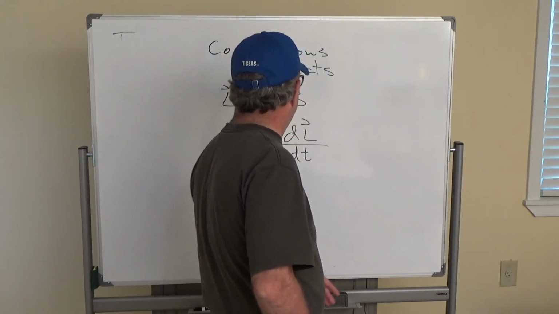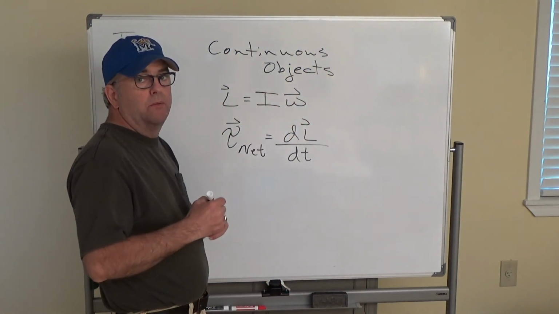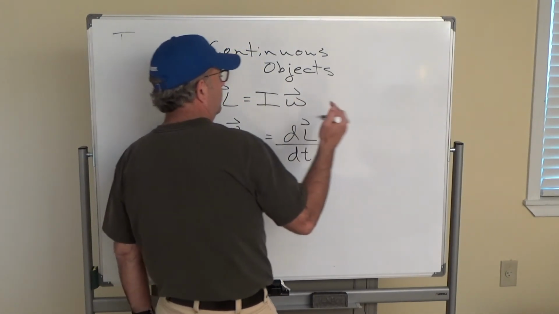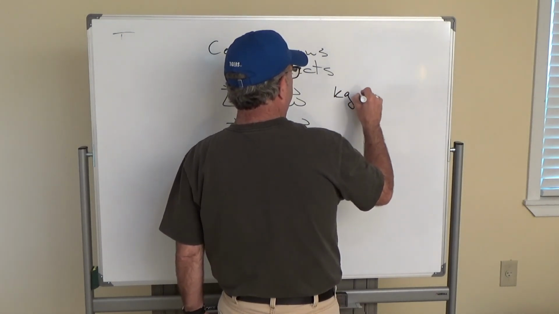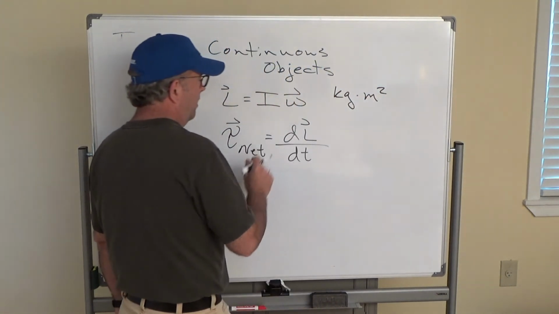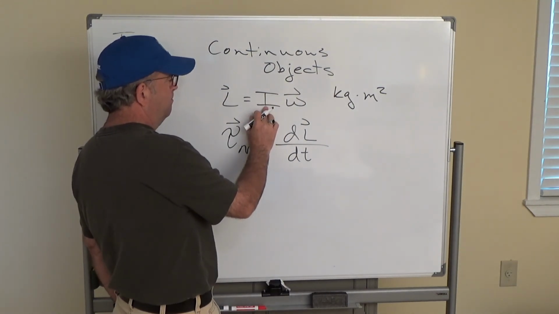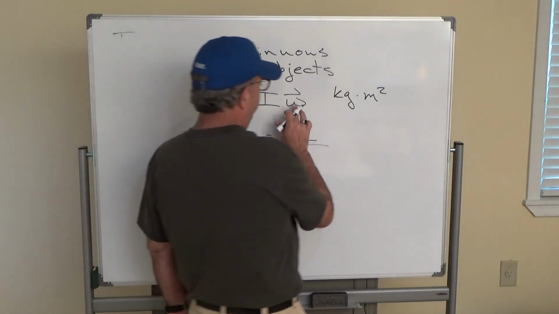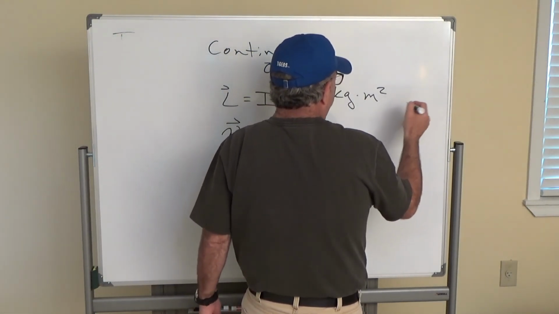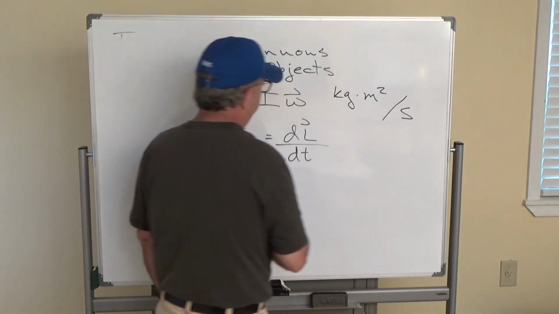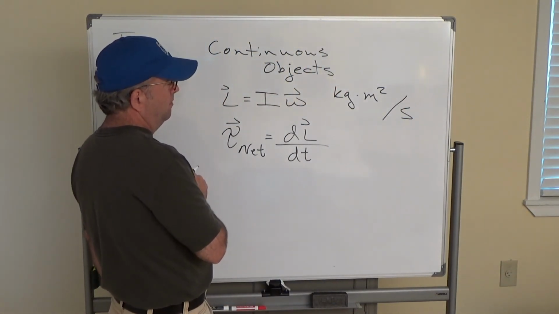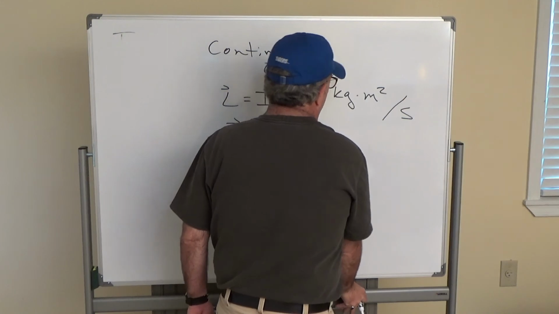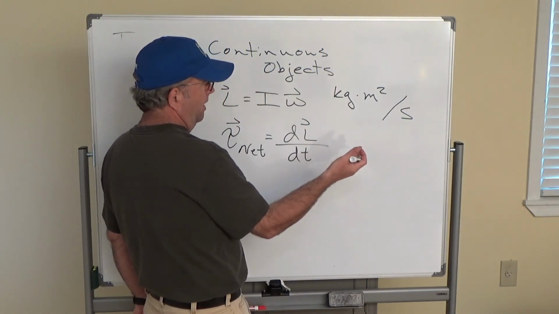By the way, angular momentum has what units? Well, this has units of kilogram meters squared, the units for moment of inertia. This has units of per second. Yes, radians per second, but that's just per second.